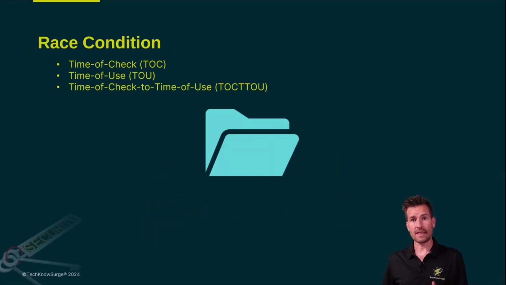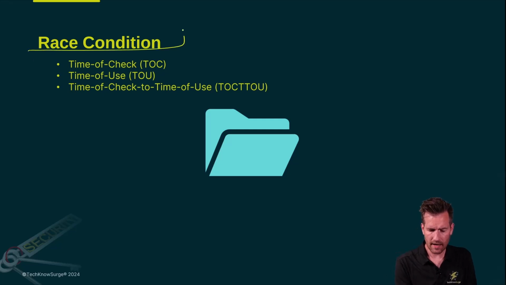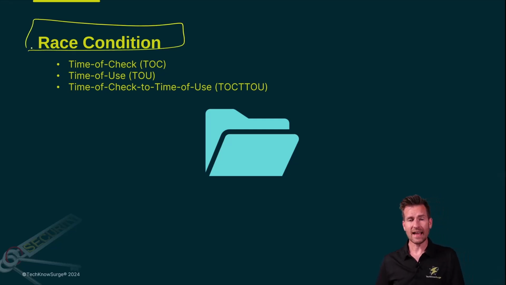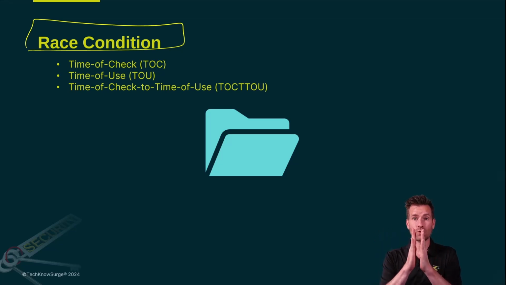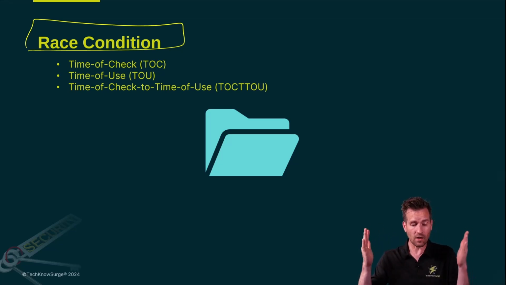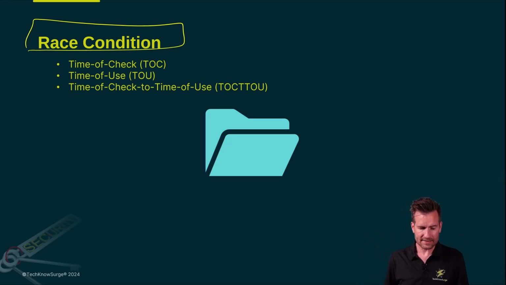Another vulnerability that you could find in software is called a race condition. The idea behind race condition is you have some sort of check and then you have a use based off of that check. And there's this time that has lapsed. And that time could be a very short period of time, or it could be a very long period of time. But essentially, you have something that gets checked.